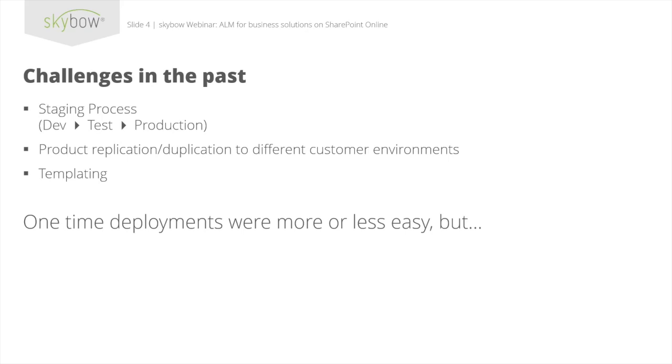That was of course possible with templates or Visual Studio solutions and so on, but it was as well not just a click-next thing. And last but not least, templating. It's similar to that one, but if you want to create a template of something you've created, you don't want to do it twice, 3 times, 4 times. Again, you want to create a template out of it and instantiate it several times. So it's a similar point.